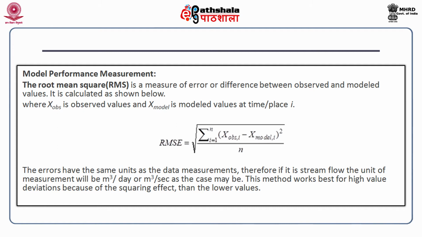So, it is very clear that if the difference between the observed values of the stream flow and the model simulated values is less, then the RMSE value will be less, and that tells us that our model is able to simulate the characteristics that have actually been revealed by the observed values. So, the root mean square method is a very typical method of determining the model performance.